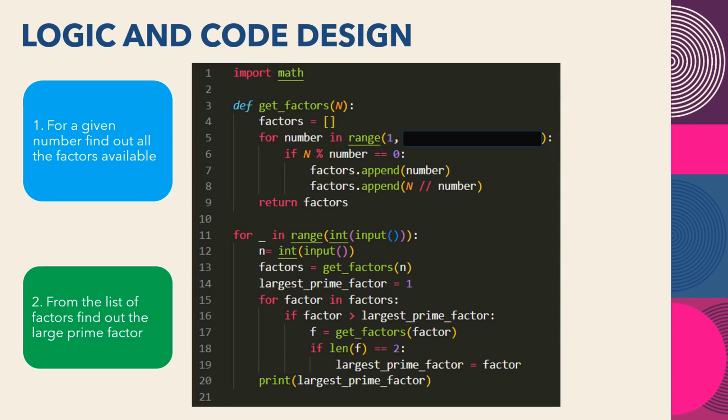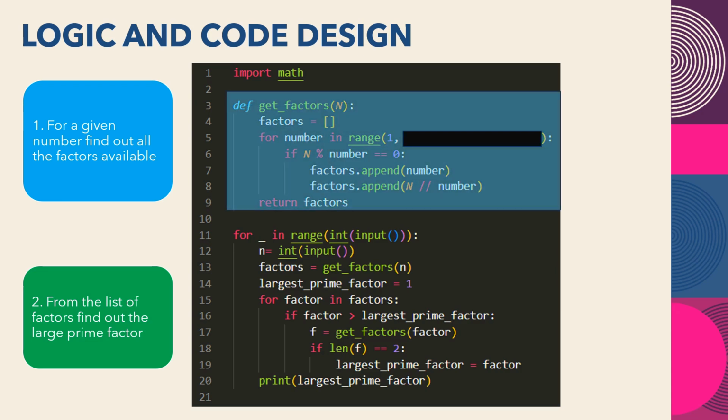Here I have grayed out line number 5 because that main part is used for optimization. From line 3 to line 9 you have step 1, that is finding all the factors of a given number.